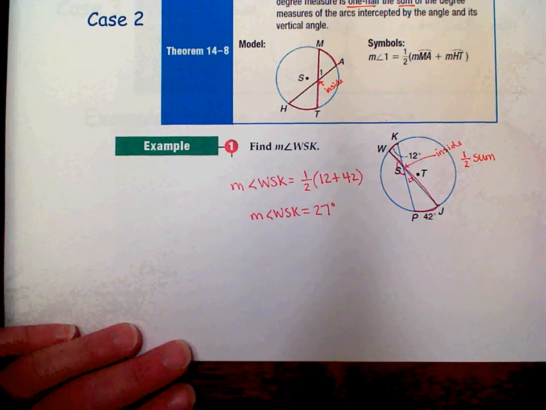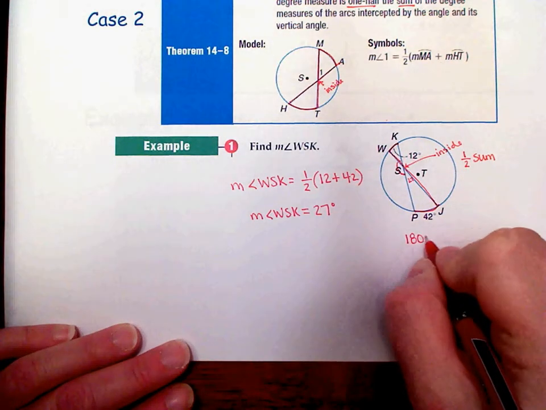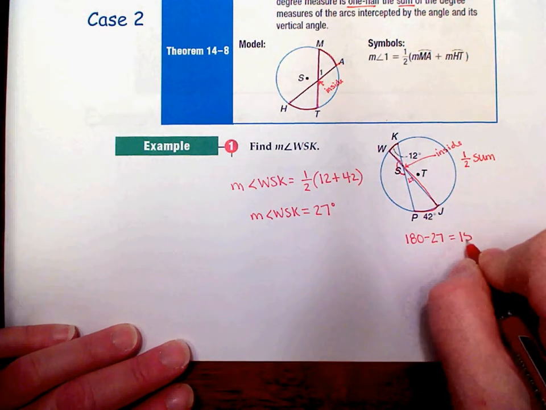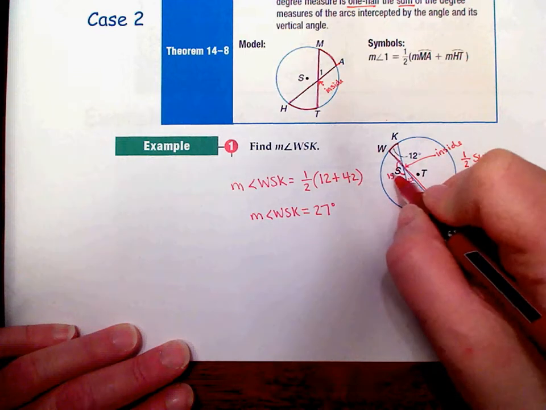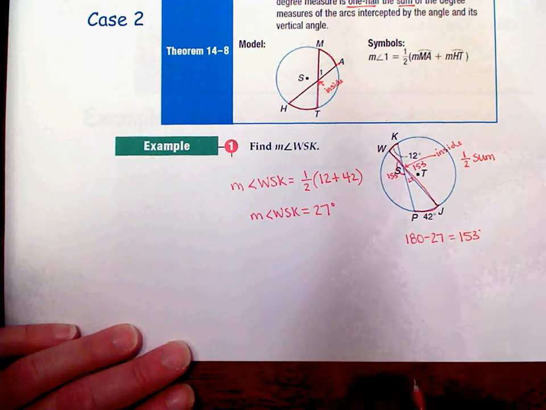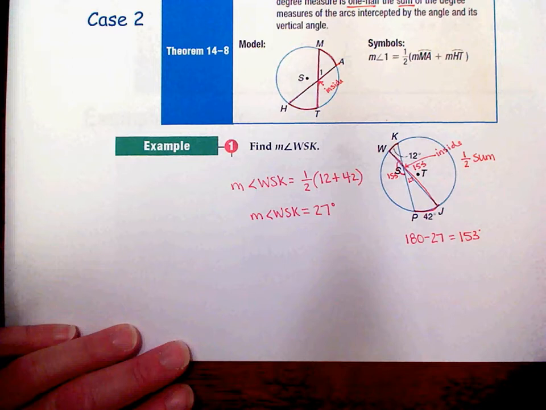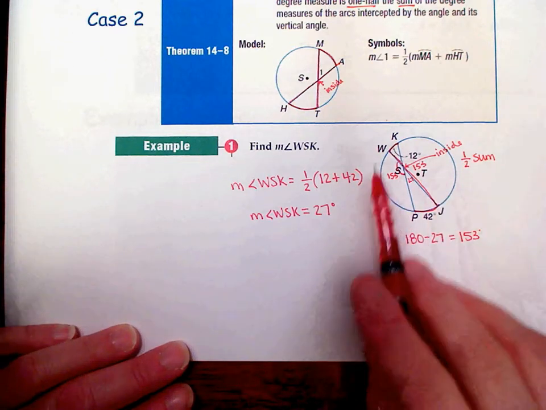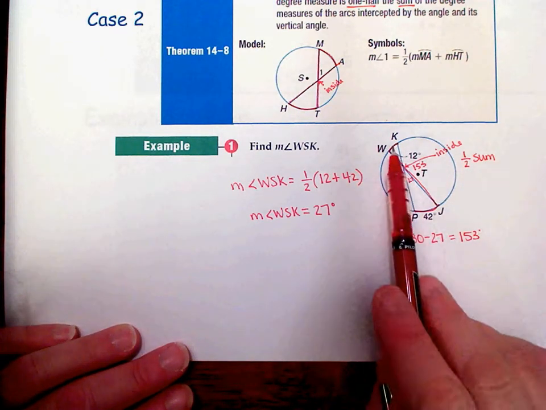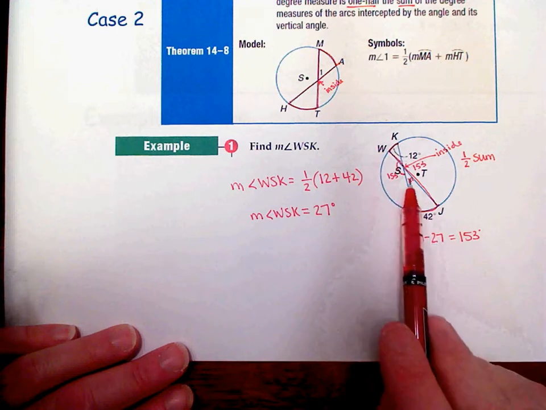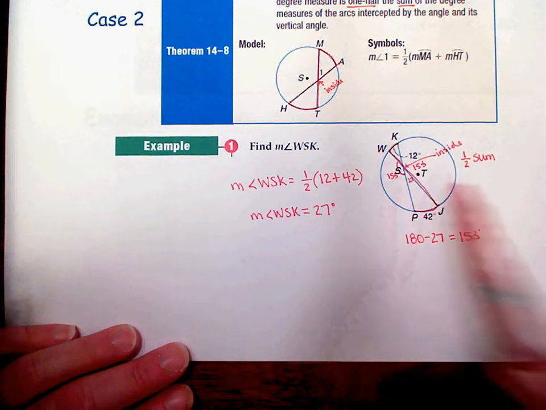So if we took 27 from 180, we would see that these two angles that are vertical angles have to be 153 degrees. So we actually can find all four of those angles simply by using those two arcs to find these first, and then using your linear pairs to find the other two.